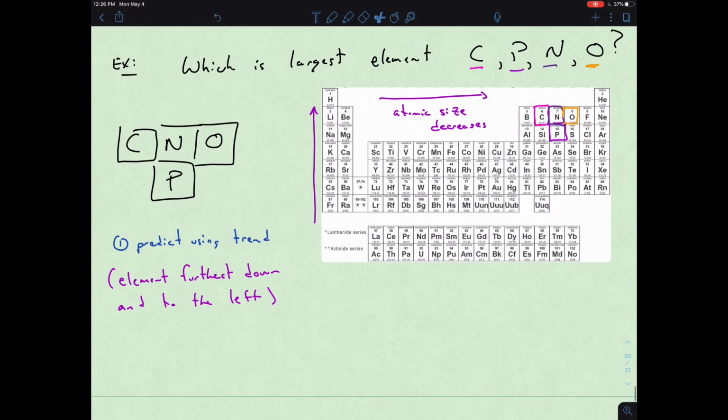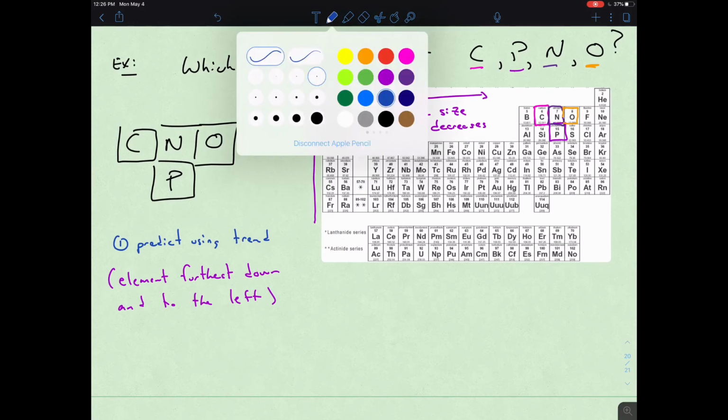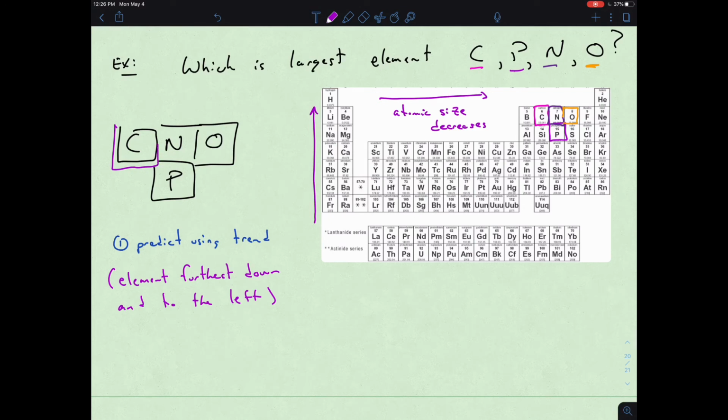So that means we actually come into a problem here, that's two of them. Carbon is the furthest left, but phosphorus is the furthest down. So that's the Kitty Corner or Catty Corner effect.